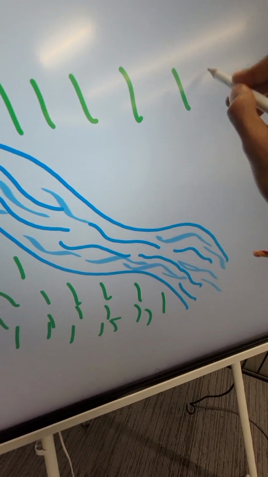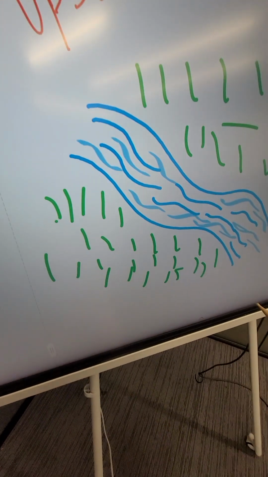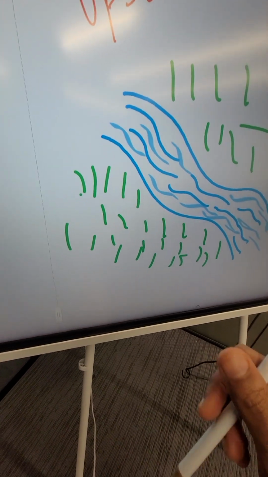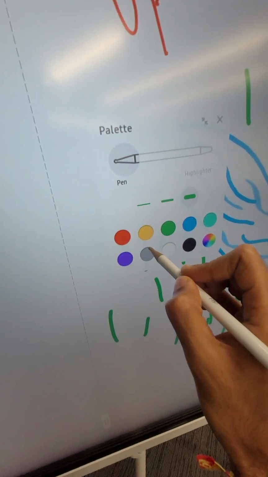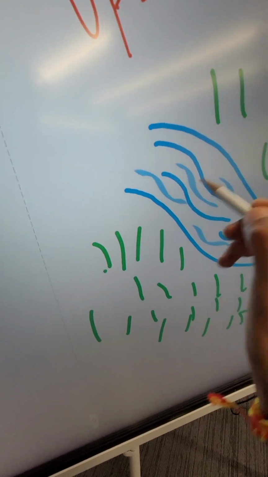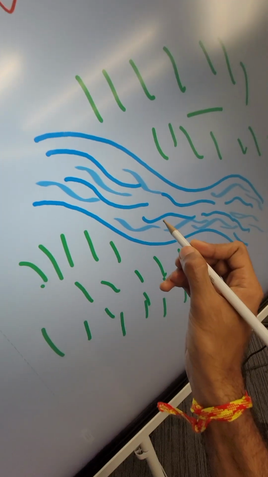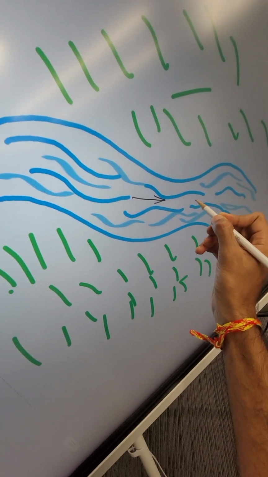So now, which direction is the river flowing is the question, right? So let's say the river is flowing like this, in this direction, right?